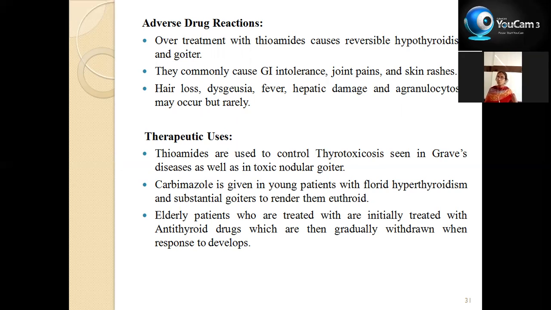And also gastrointestinal problems, joint pain, skin rashes, hair loss, fever, liver damage, agranulocytosis.